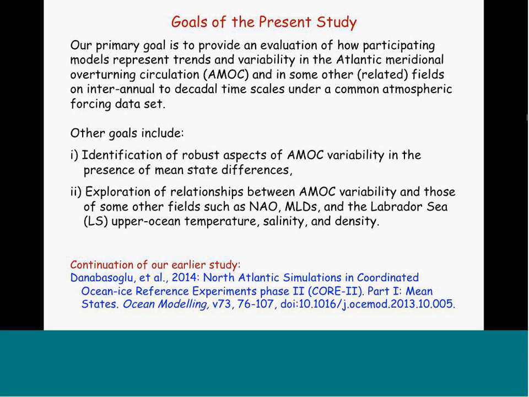And again, I wanted to explore AMOC variability relationships that I showed earlier with NAO, mixed layer depth or boundary layer depth, and Labrador Sea upper ocean temperature, salinity, and density. This is essentially part 2 of our earlier study that was published in 2014, looking at the mean states from these models.